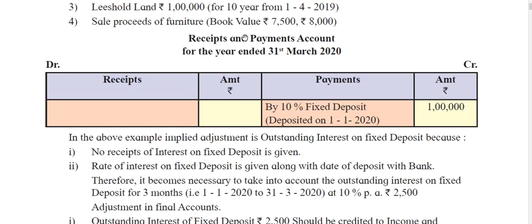For example, specimen of receipts and payment account for the year ended 31st March 2020. By 10% fixed deposit deposited on 1st Jan 2020, that is 1 lakh, on the credit side. In the above example, implied adjustment is outstanding interest on fixed deposit, because on the fixed deposit there is 10% interest.